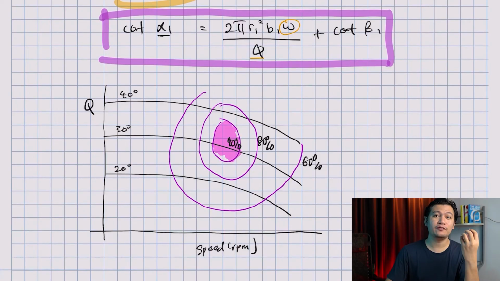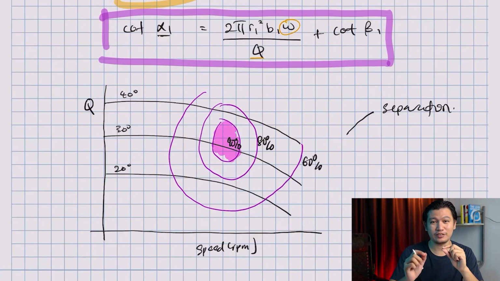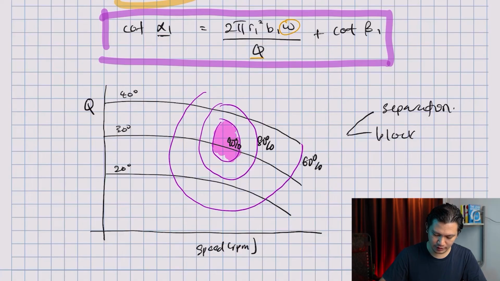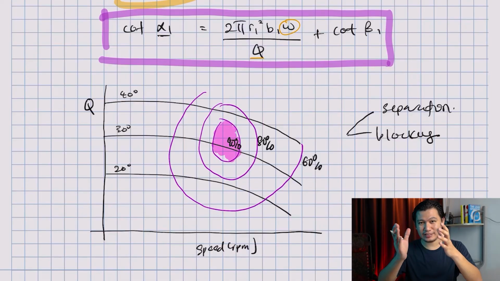Of course, there are several factors that impact the efficiency of a turbine. For example, you may have flow separation, where the flow detaches from the surface of the blade, thereby blocking the pathway. The primary flow is actually blocked by the separation inside the passage.